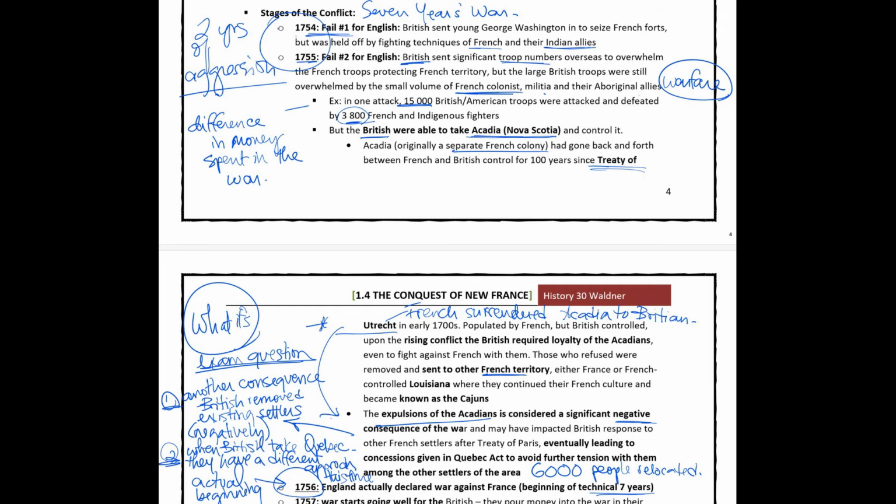This is the one where the French surrendered Acadia. It's another of the times when they surrendered Acadia.